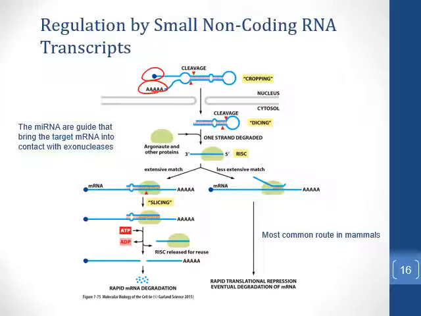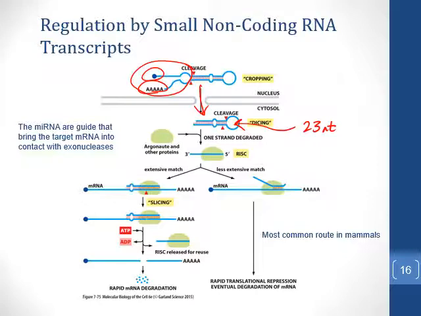In the nucleus, this is going to get cropped, and this end is going to get removed, and what's left over is going to be exported out into the cytosol, where dicing occurs. And dicing is going to take off this loop on the end. Okay, and that's going to leave us with a short, double-stranded piece of RNA. It's only going to be about 23 nucleotides long.